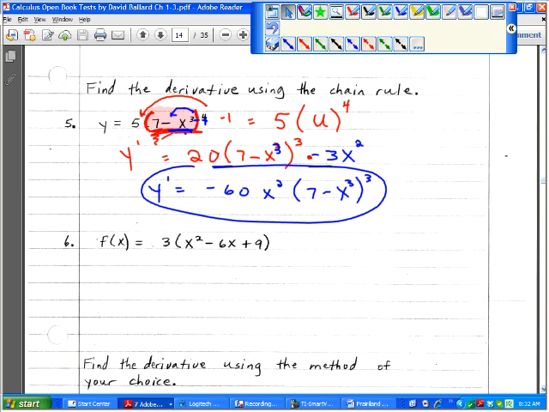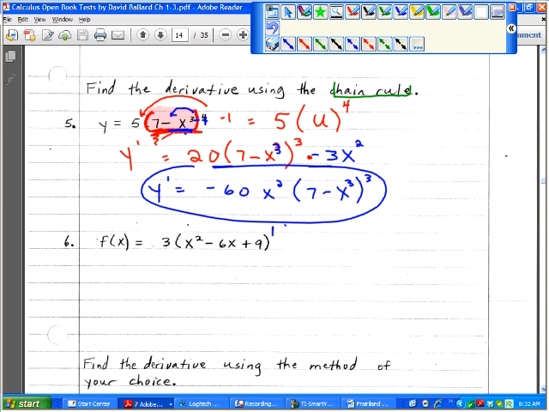Okay. When we get to number 6, you think, well, it'd be simple just to distribute that 3, but it didn't allow us that. It said use the chain rule, so we're going to use the chain rule. Okay? So how would you use the chain rule on that? Well, I've got an understood exponent of 1.